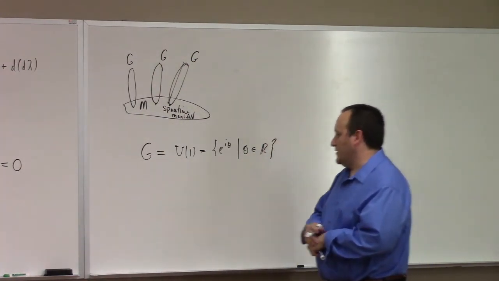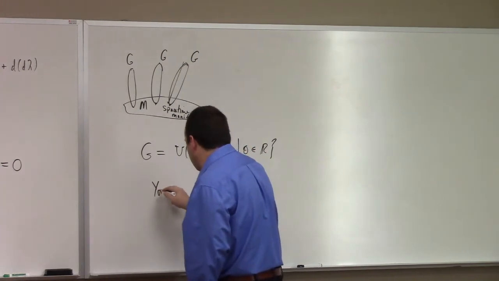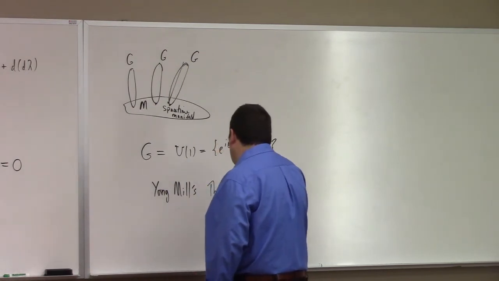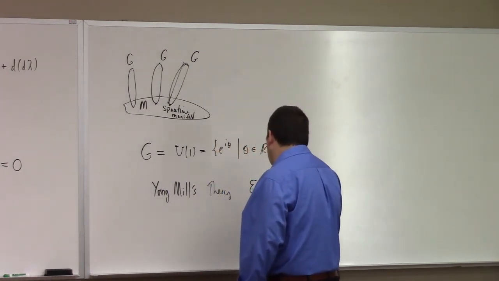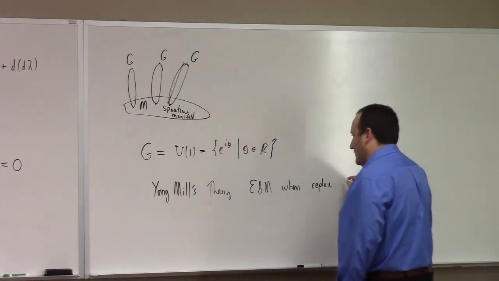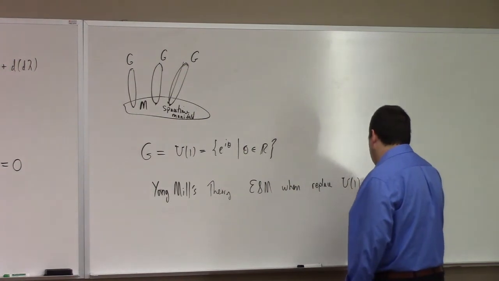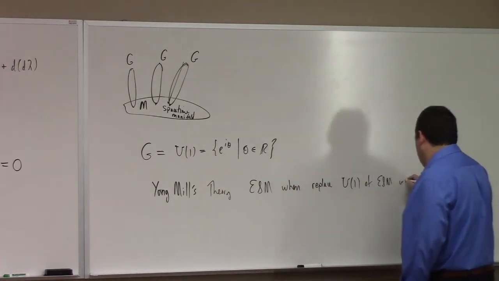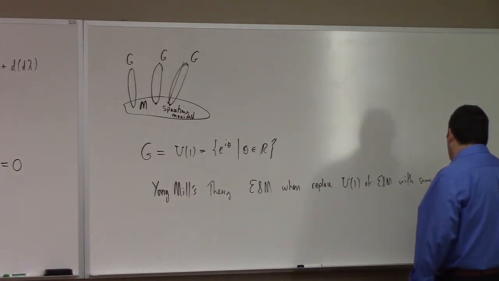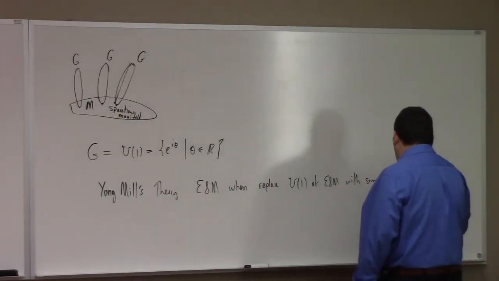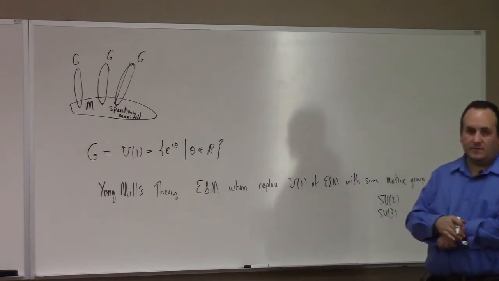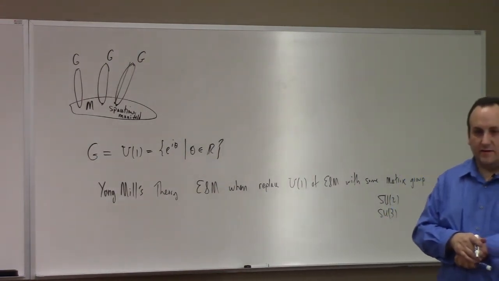So what I'm describing to you is Yang-Mills theory: basically electricity and magnetism when you replace the U(1) of E and M with some matrix group, for the most part SU(2) or SU(3), special unitary 2 by 2 or special unitary 3 by 3.